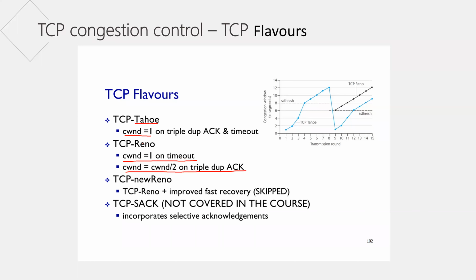So as you can see here, Reno can probably get back to the fastest speed sooner than Tahoe, right? So those are the 2 strategies we use to control the speed of our computer, Tahoe and Reno. I think here we don't need to know what New Reno or TCP SACK is. We still have other strategies to make it better, but here all we need to know is Tahoe and Reno.